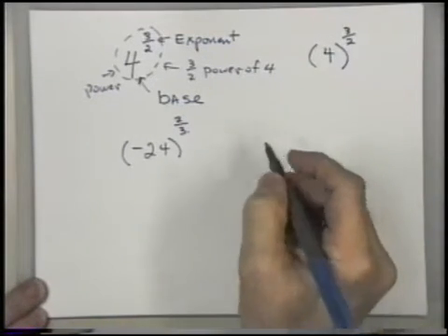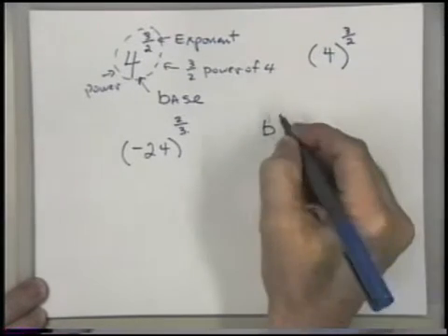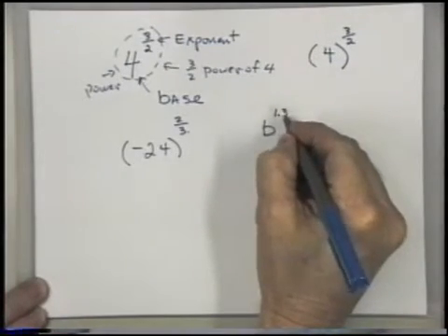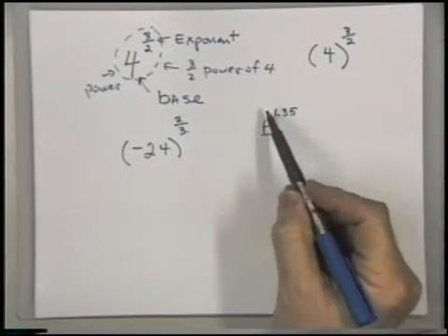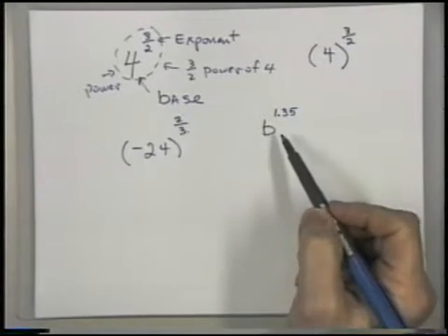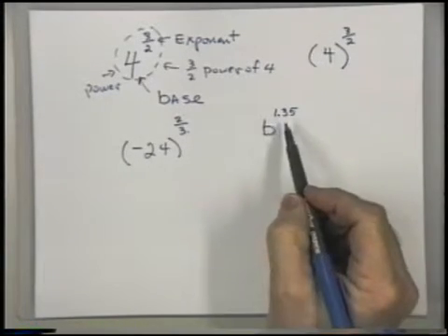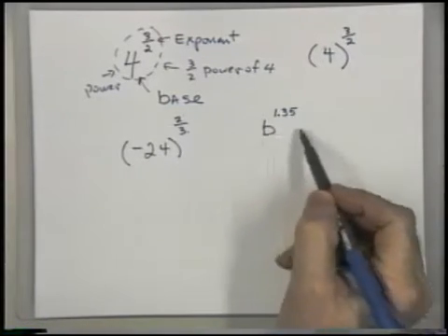How about, let's use a variable base. B raised to the 1.35. Is that a rational power? Yes, because this is a rational number. Any rational number, we want to be able to legitimately put it in the exponent position, and have it be meaningful.